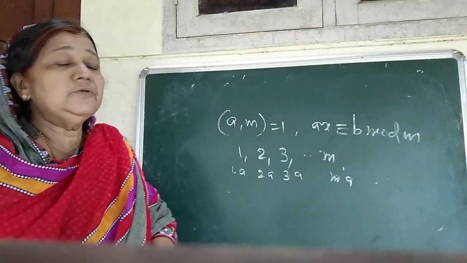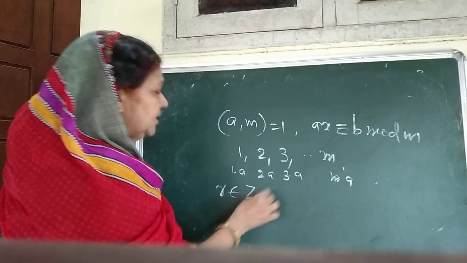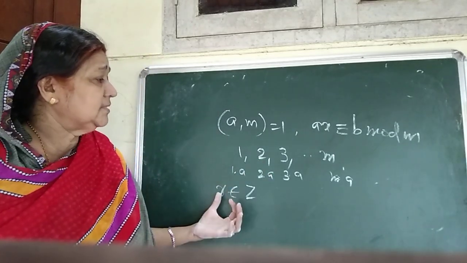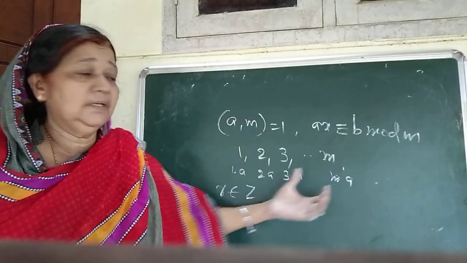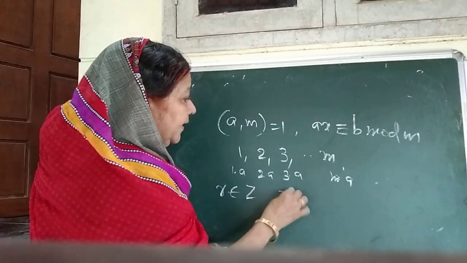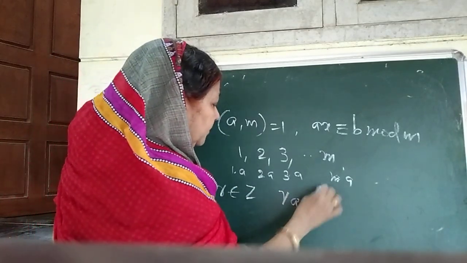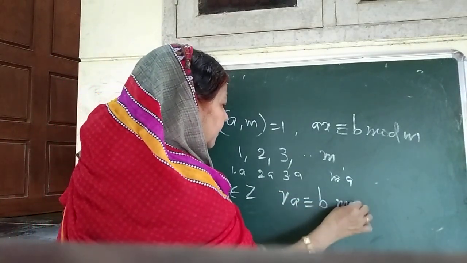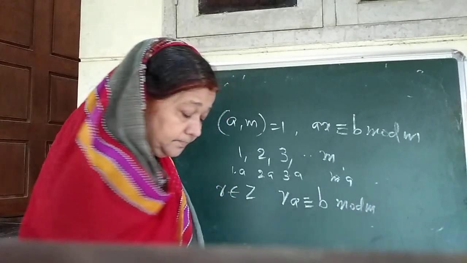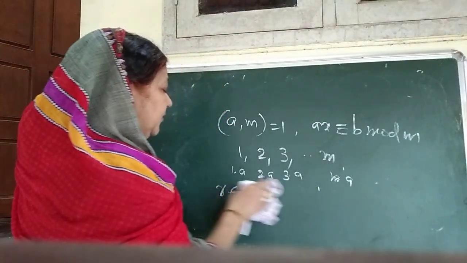to m. So, if r is any element of Z, this r must belong to one of these classes. Therefore, there exists r such that ra is also congruent to b mod m.